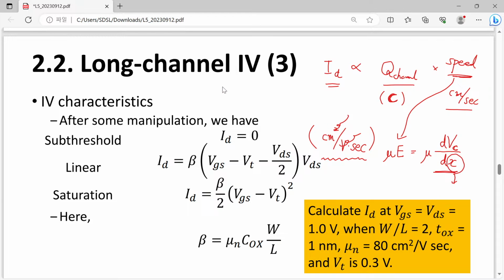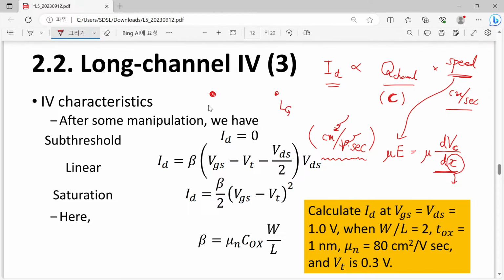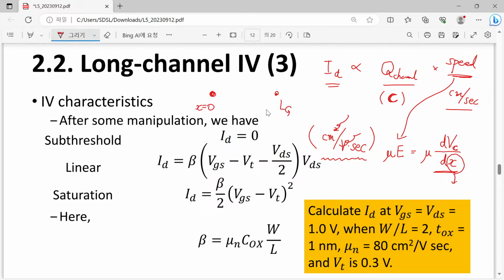Here x starts from 0 to Lg, x equal to 0 and x equal to Lg. x equal to 0 is assigned to our source terminal, and Lg is assigned to our drain terminal. At any point in between, we can think about the electric field, and this electric field can be obtained by the first derivative of our channel potential.